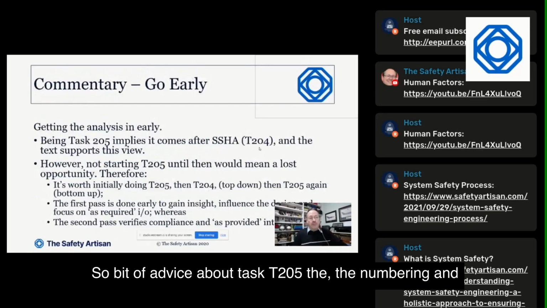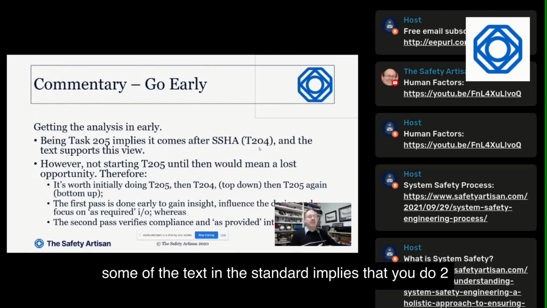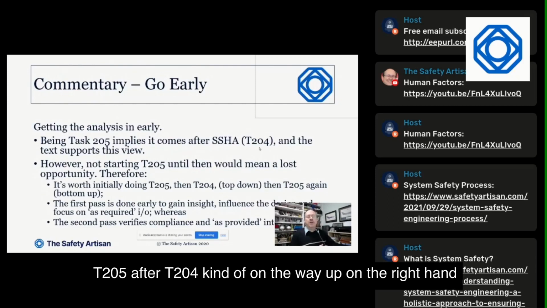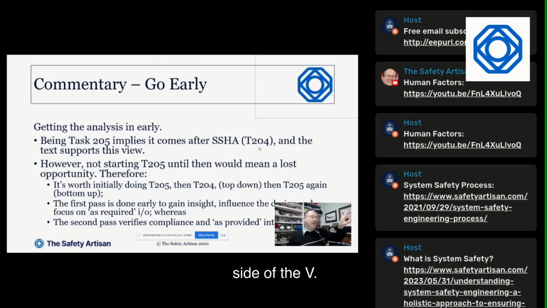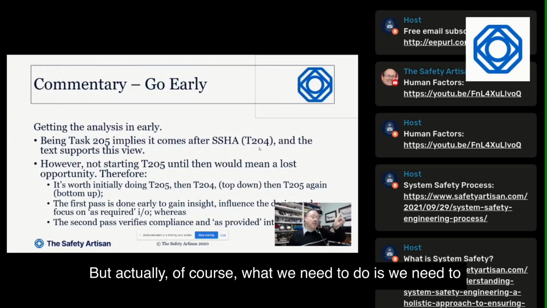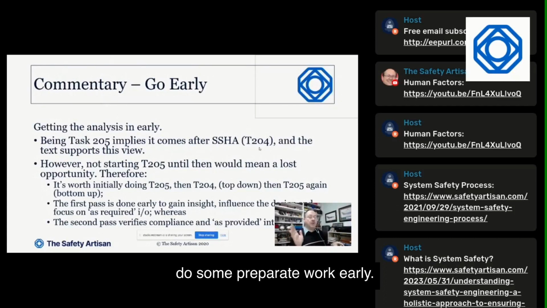So, a bit of advice about task 205. The numbering and some of the text in the standard implies that you do 205 after 204, kind of on the way up on the right hand side of the V. But actually, of course, what we need to do is some preparatory work early.